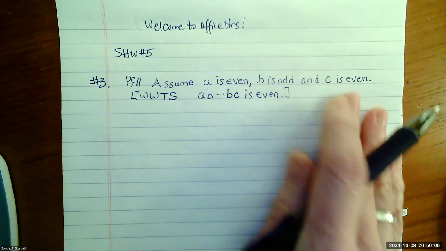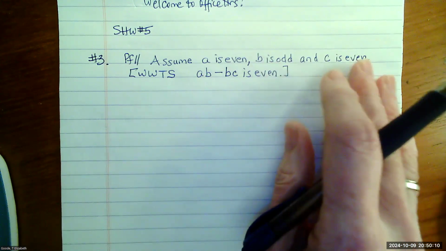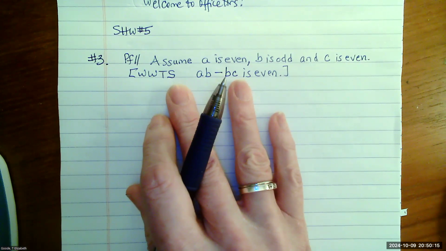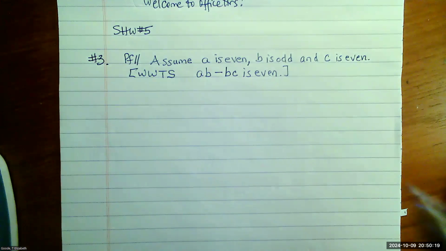That's the way you want to set it up. Just nice and simple. You've got an even number A, an odd number B, and an even number C. And then we want to show AB minus BC is even. Now we dive into the definitions.